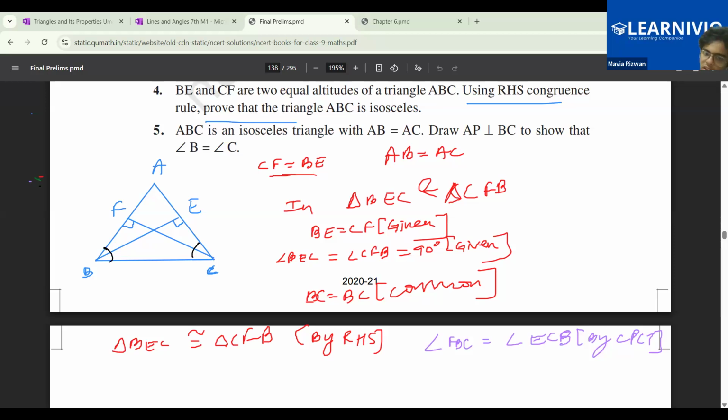Guys, got it? So AB would be equal to AC by converse of 7.3. You can write the theorem by yourself. Okay, guys? By converse of the isosceles theorem. Is this clear to you all? Yes, sir. Write this down.